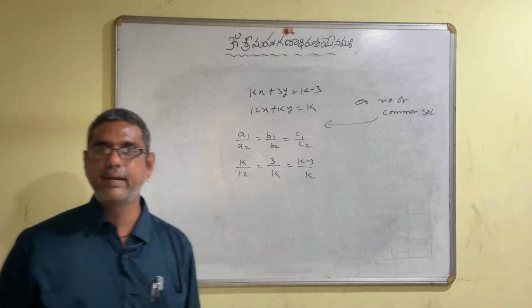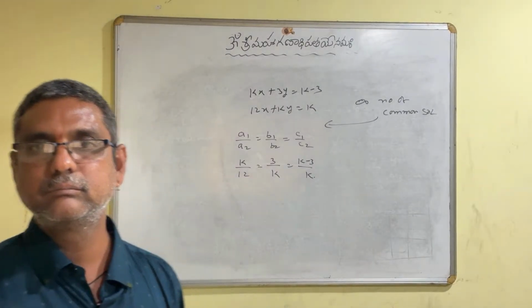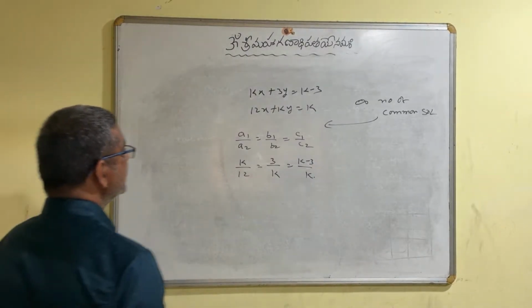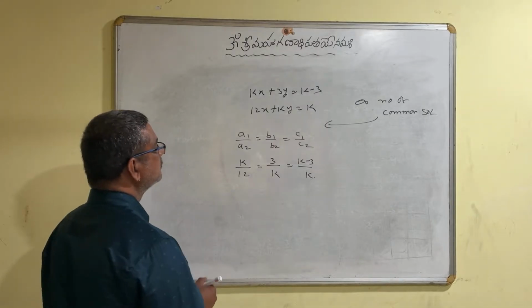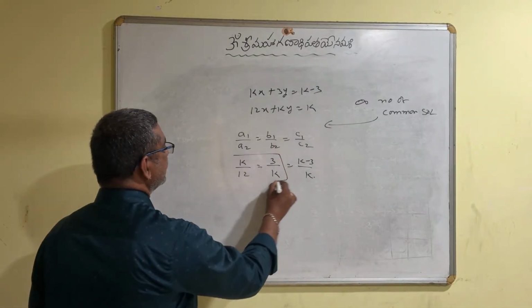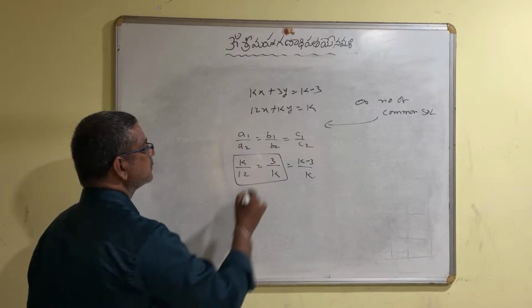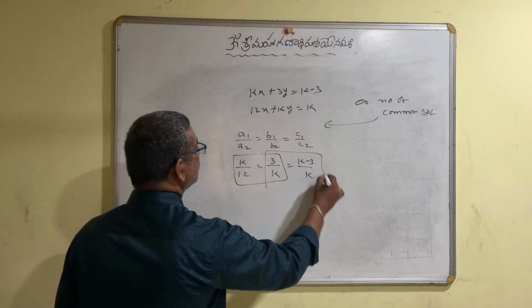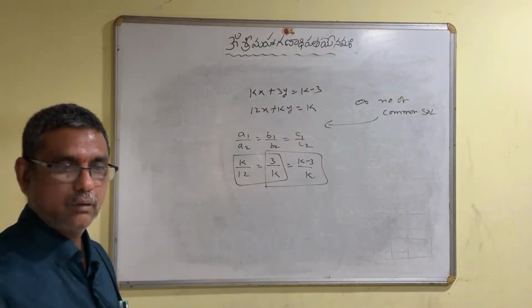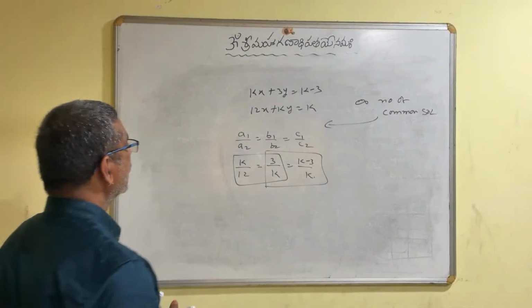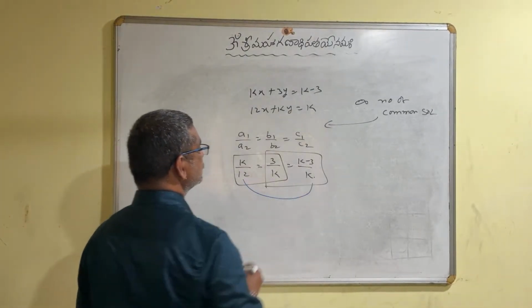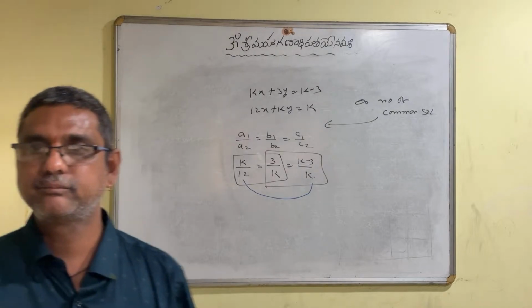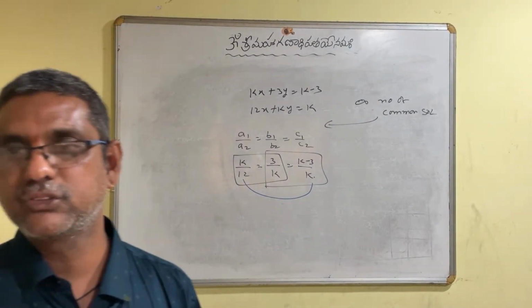Now, we need to find out the k value. So what do you do? You can consider either these two ratios or these two ratios or these two ratios. Your wish. You can take any two ratios.